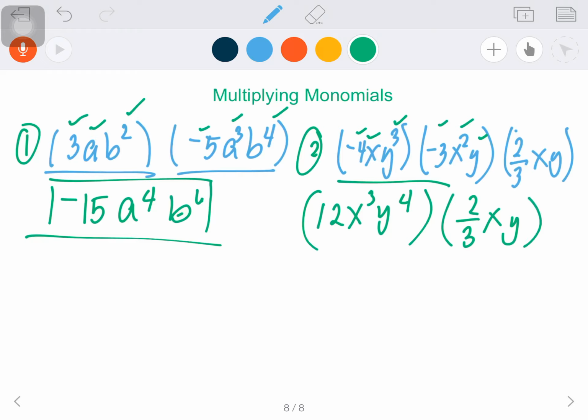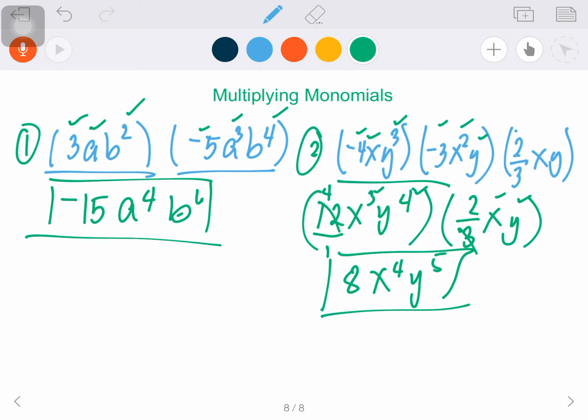So 12 multiplied to 2/3, we can cancel out the 3 and the 12 because this is simply 12 over 1. This becomes 4. So you're left with 4 times 2. You have 8. Then x cubed times x would be x to the fourth. And y to the fourth times y is y to the fifth, which gives us the final answer.